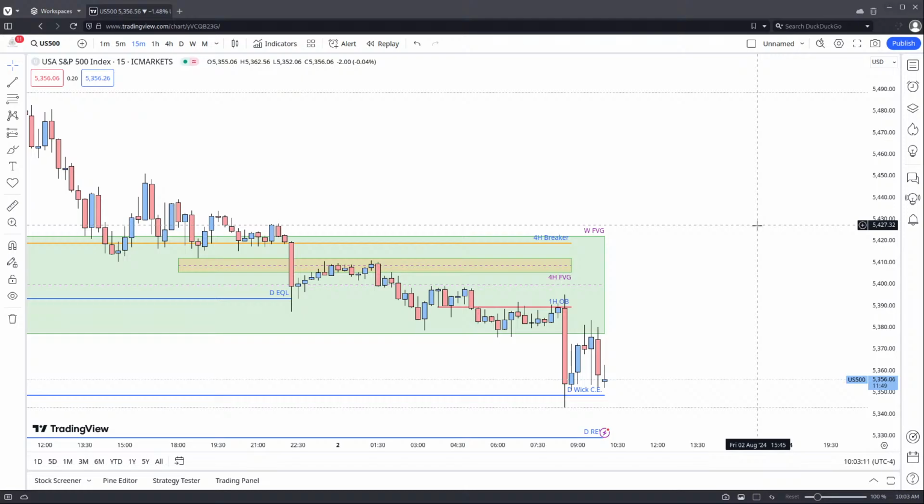Don't go in there. Don't take a trade because you don't have a directional bias. So just don't take a trade then. Wait until you see something clear up.